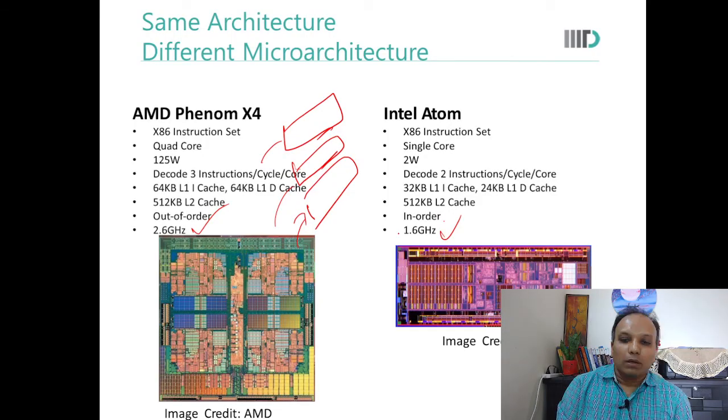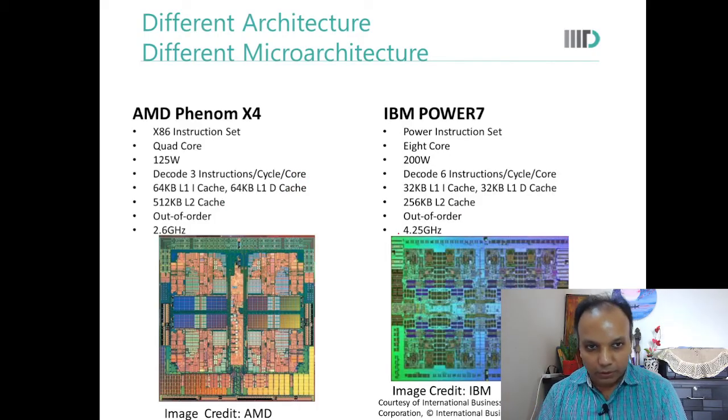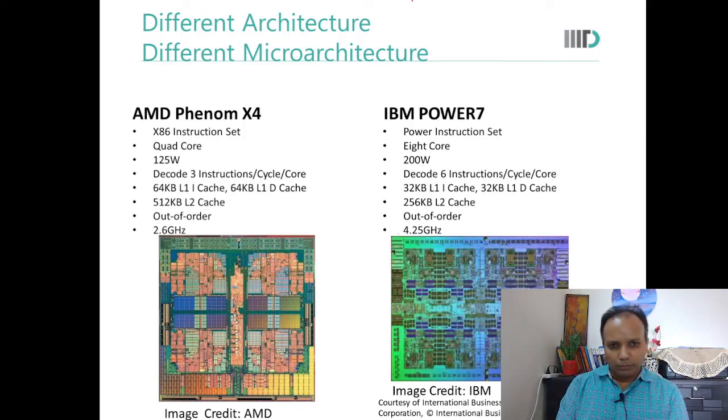Similarly, we can quickly look into another example where both the microarchitecture as well as the ISAs are different. So, we are keeping the AMD Phenom X4 from the previous slide. Now, if we look at the IBM Power 7, it uses the Power ISA. It has 8 cores, burns 200 watt, and you see that it decodes 6 instructions per cycle.